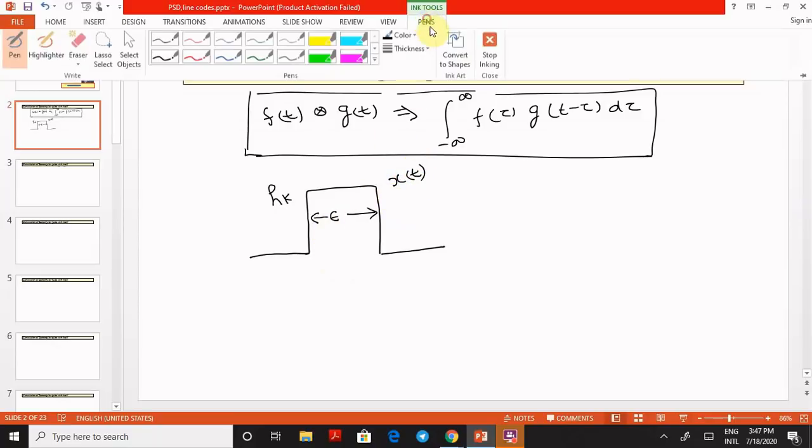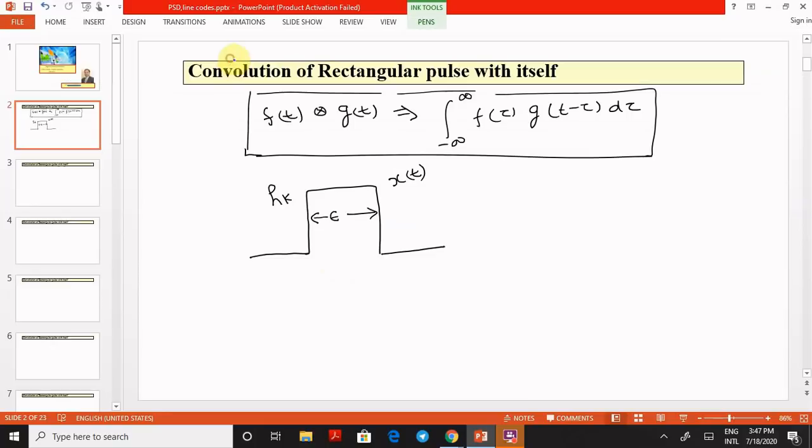Now we can shift this signal by some delay, that is tau. So the shifted version of this pulse can be made like this. This is a shifted version, and the shift is tau, right?